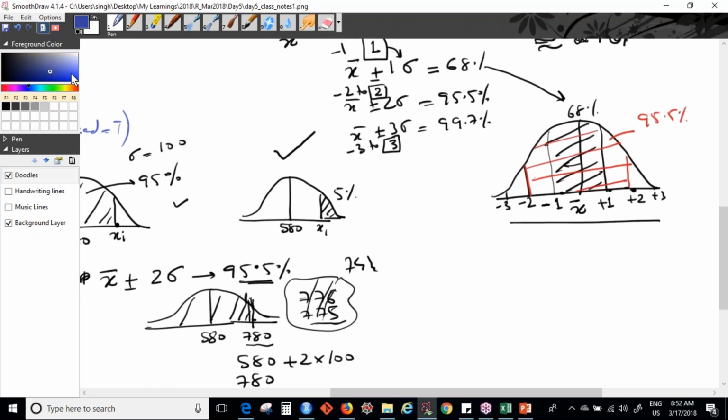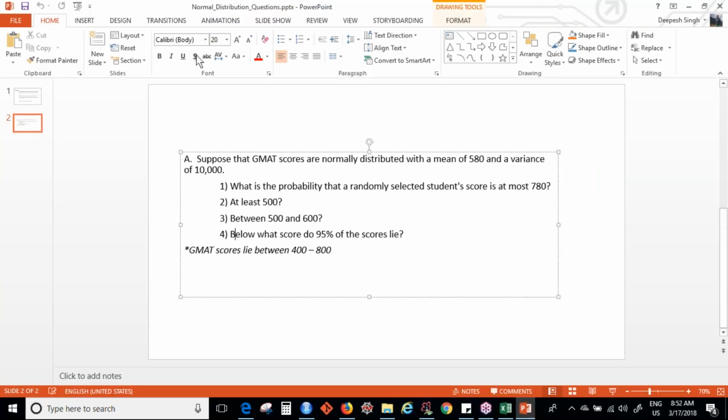And finally, your area between -3 and +3 is almost 100%. Okay. So z-score is nothing but it measures how far from your mean your point is located. So all these questions that we are discussing here, they all can be evaluated in terms of z-score.